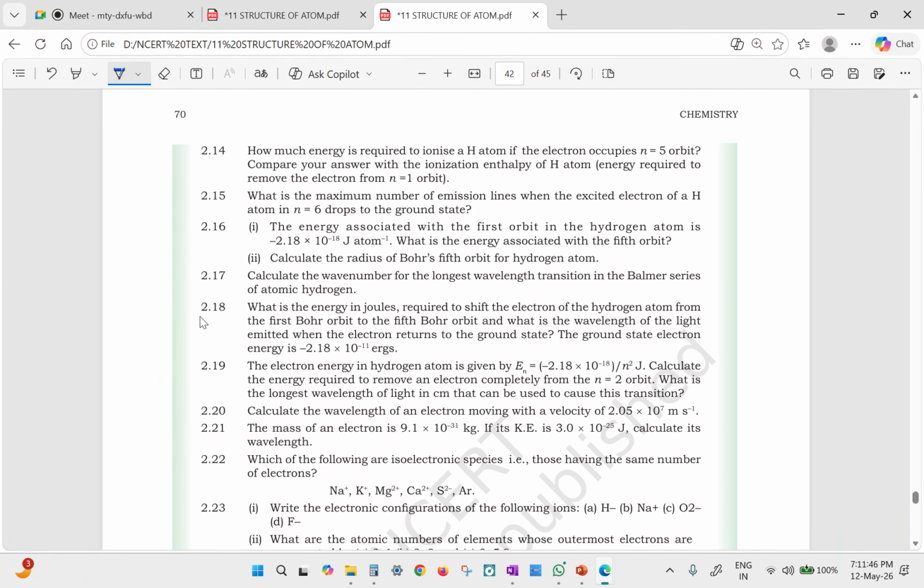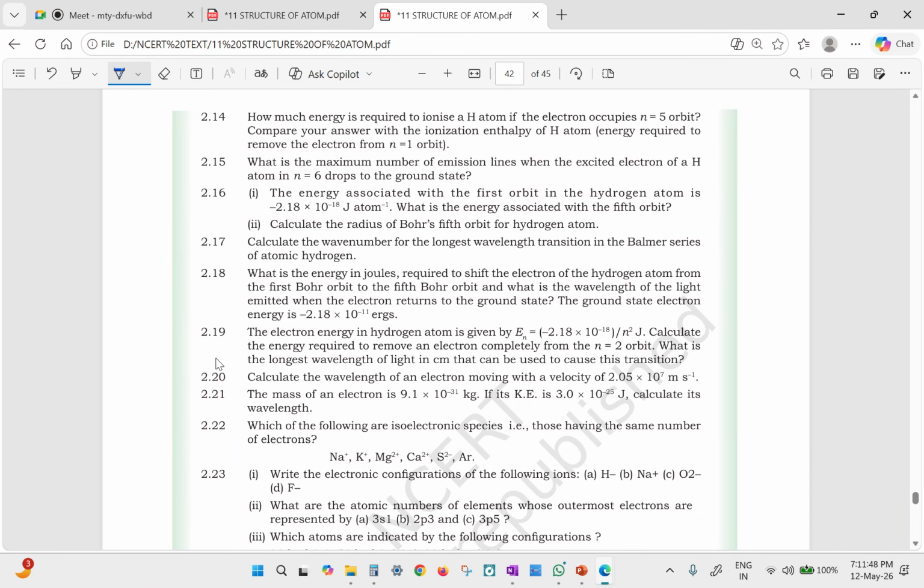So I've noted these four questions, and the third and fourth one. Just look at this. Calculate the wavelength of an electron moving with a velocity of... 2.21. The mass of an electron, kinetic energy. Is it related to photoelectric emission? Because kinetic energy we saw in photoelectric emission. Is the story talking about an electron when light of a suitable frequency falls on a metal, electrons are ejected with so and so kinetic energy?